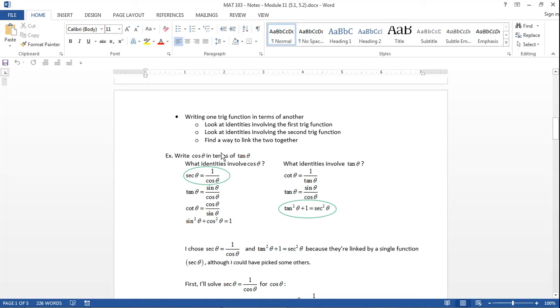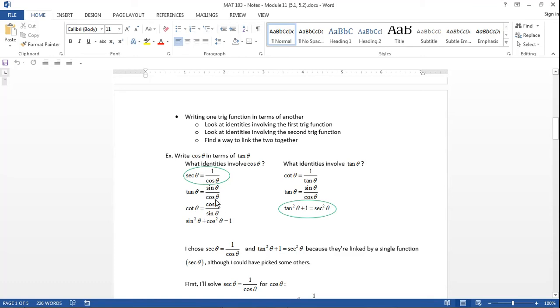I would look at the identities. If we're asked to write one trig function in terms of the other, I'm going to look at all the identities and find the identities that involve my first trig function, and do the same thing to list all the identities that involve my second trig function, and then look for some link between those two. So this doesn't really make sense until you see an example.